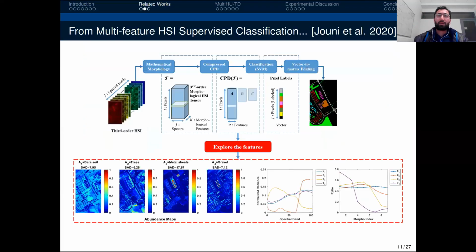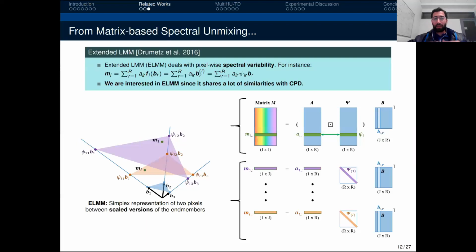So this is what we see here when we give the degrees of freedom to everything we have as pixels and endmembers. Then this one simplex is now a simplex for each pixel that moves around the columns of B1, B2, and B3, so that it models the variabilities that we have in a real scenario.